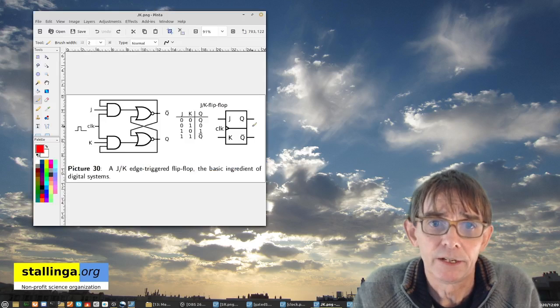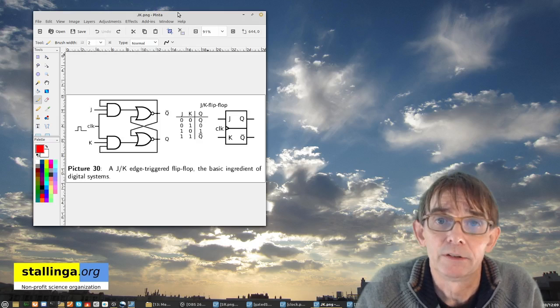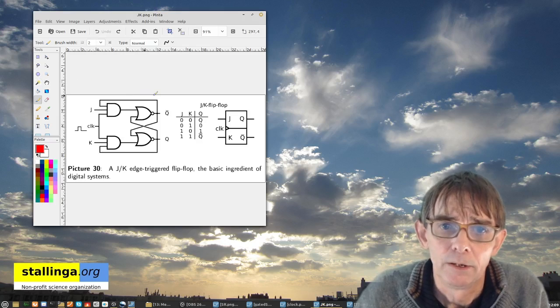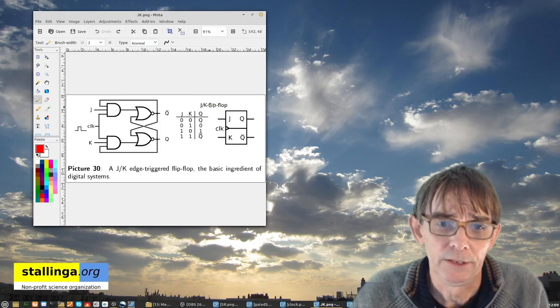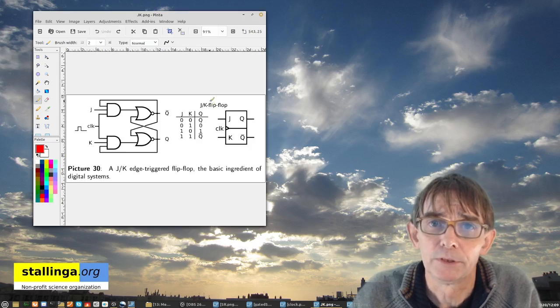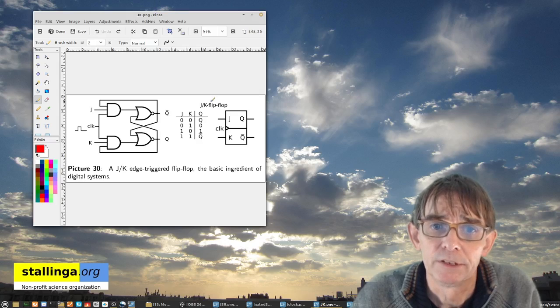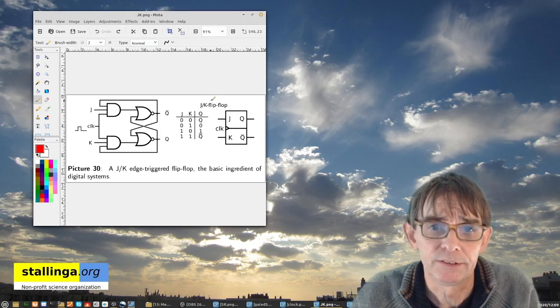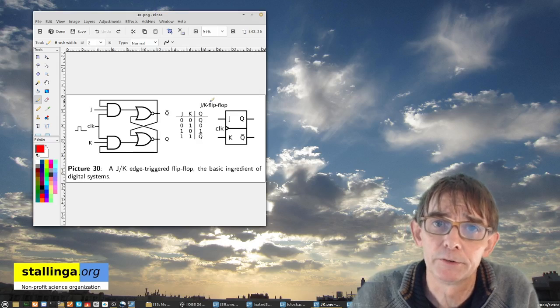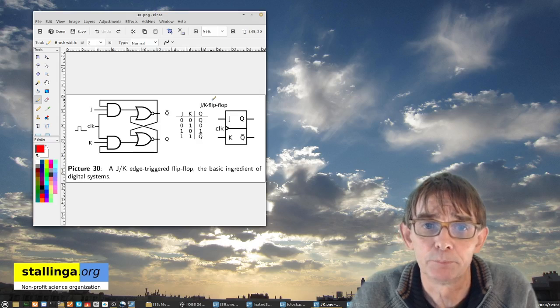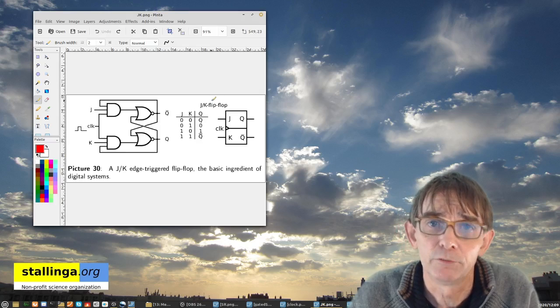In this JK, what we now talk about is a JK edge triggered flip-flop, because the flip-flop actually is responding to the changes of input states rather than the states itself. Then we call it a flip-flop. So the difference between a flip-flop and a latch is that it is responding to the state itself of the inputs or to the changes of the states of the inputs.